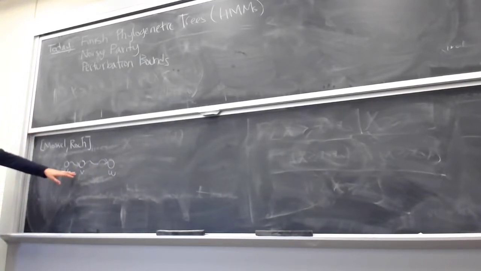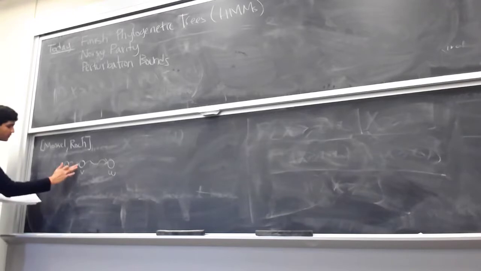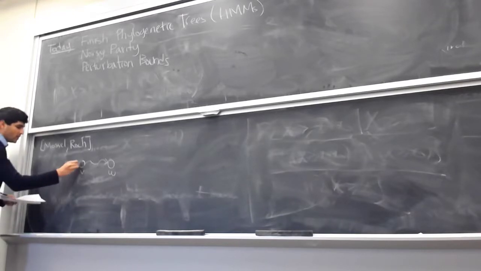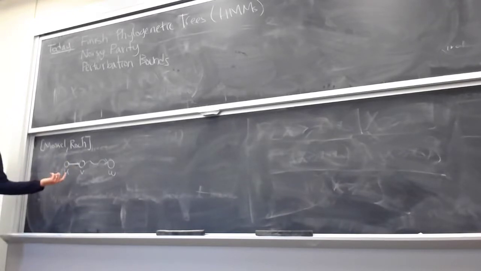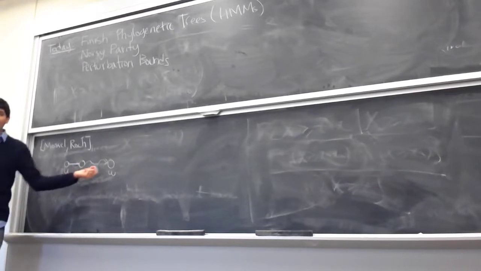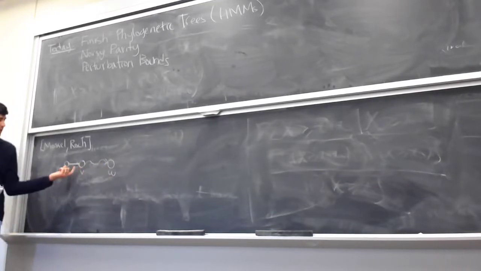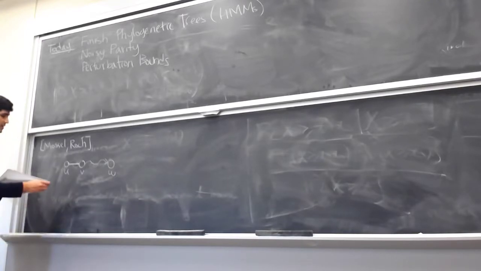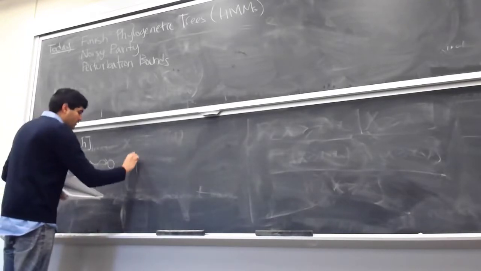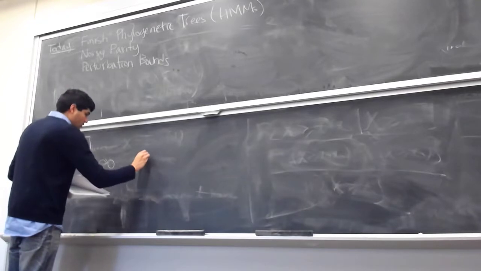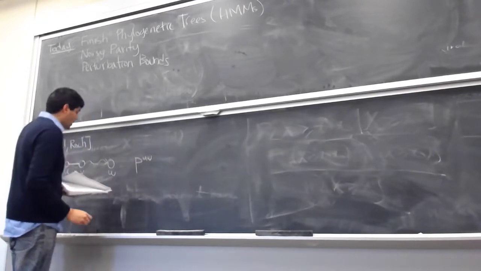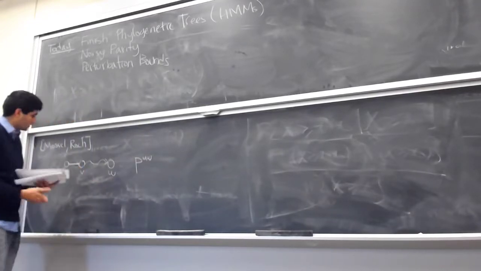So imagine that we have some configuration in the tree that looks like this. Imagine there really is an edge between U and V, and then we have some long path between V and W. So you're thinking of this as being some sort of internal edge. The basic idea is that we can think about a transition matrix P_UW, which transition you apply.